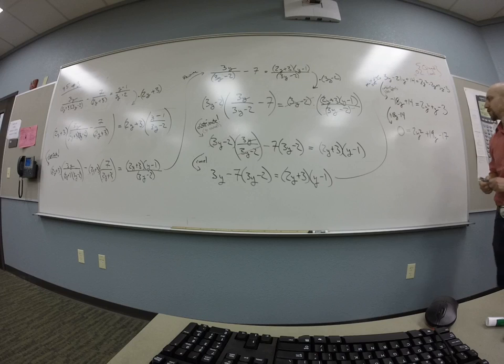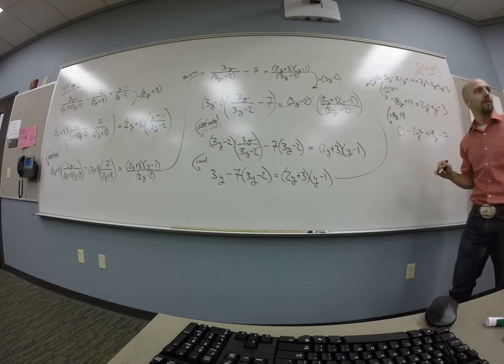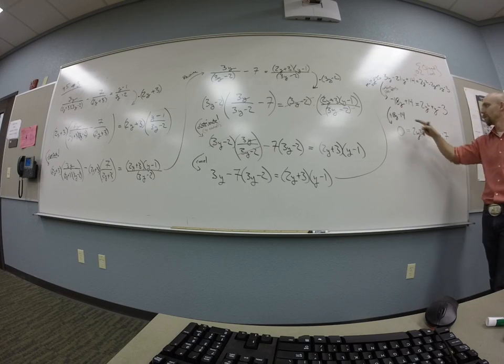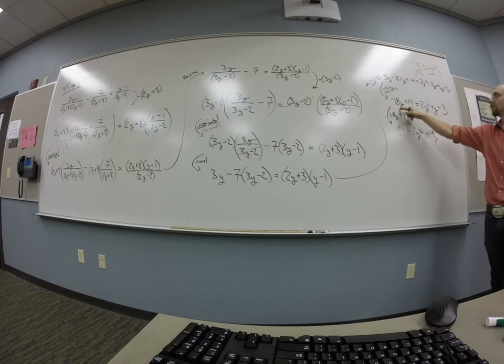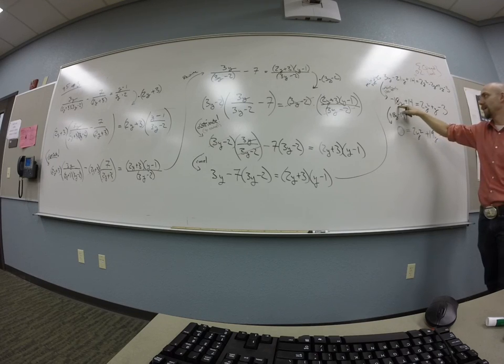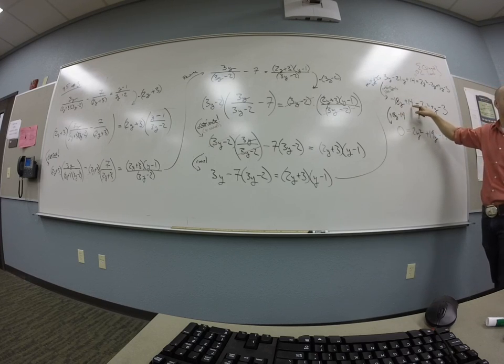Excuse me, I don't understand that part. Those 18 minus 14, what did you do? I'm trying to get rid of this stuff, right? No, so I added 18y to get rid of the minus 18y, and I subtracted 14 to get rid of this.